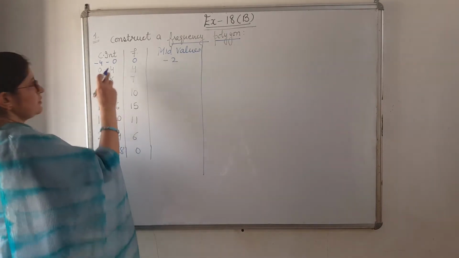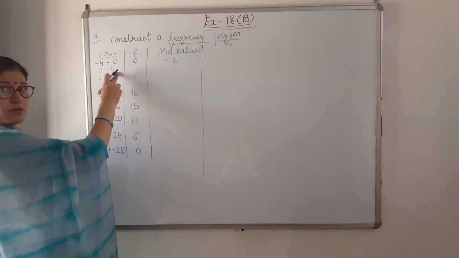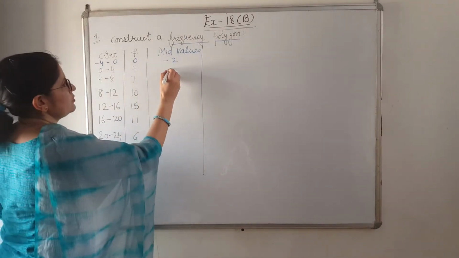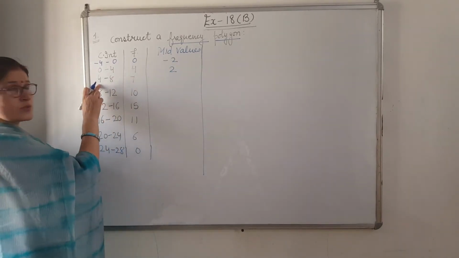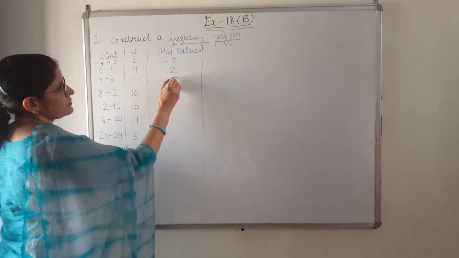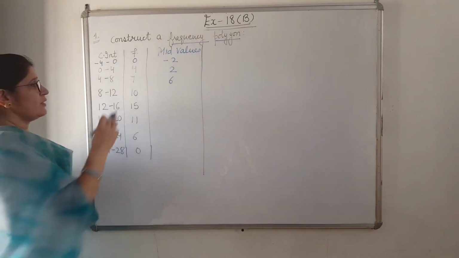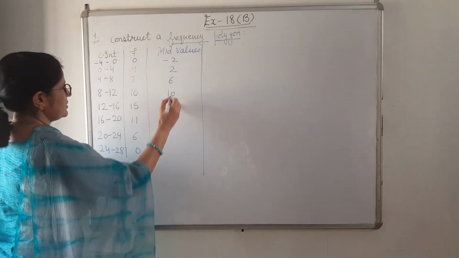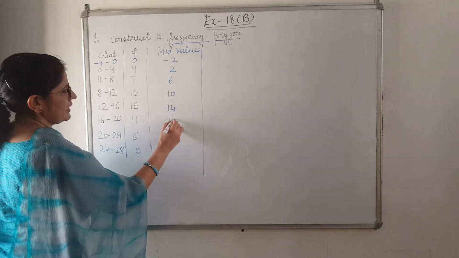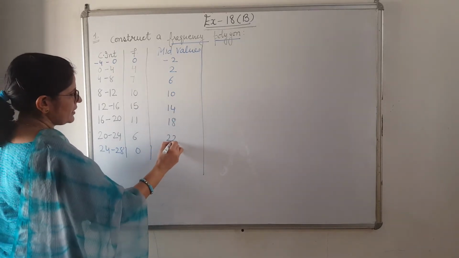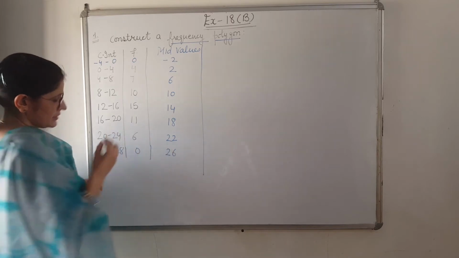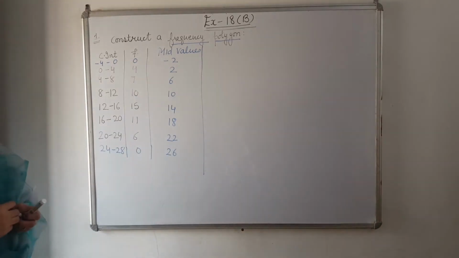The next one, 0 plus 4 is 4, over 2 is 2. Then 4 plus 8 over 2 is 6. The difference is 4, so you start adding 4 to get the mid values: 10, 14, 18, 22, 26. Like this you get the mid values.